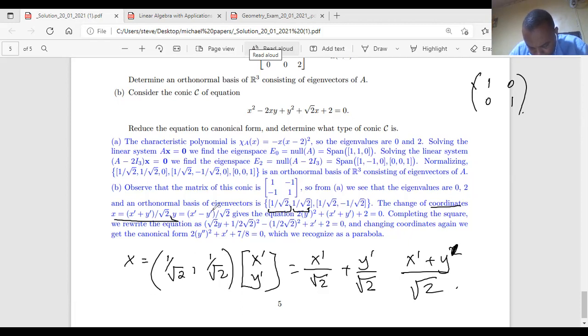Is it okay if we revisit? Diagonalizing, that's easy.